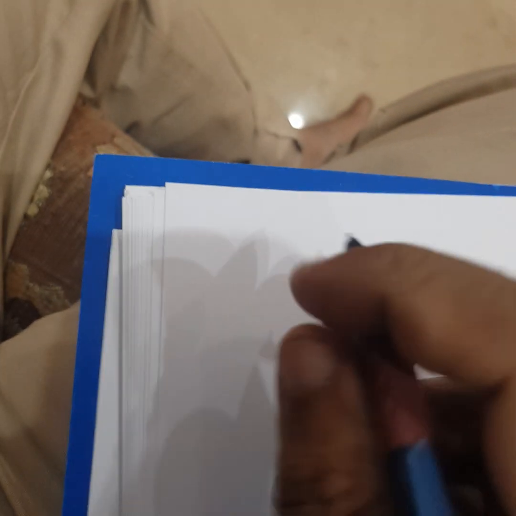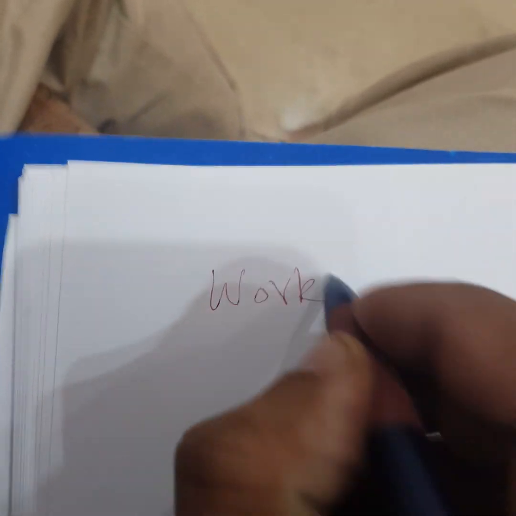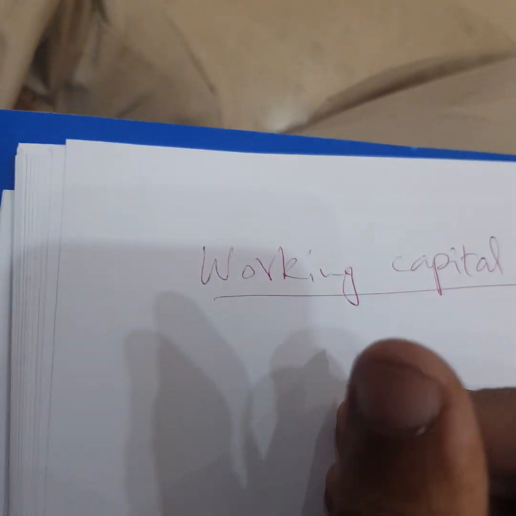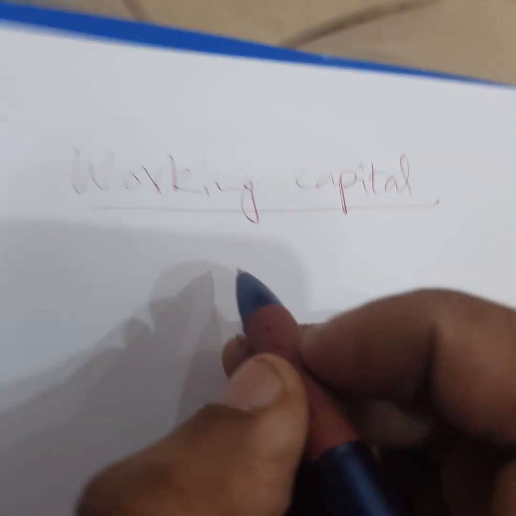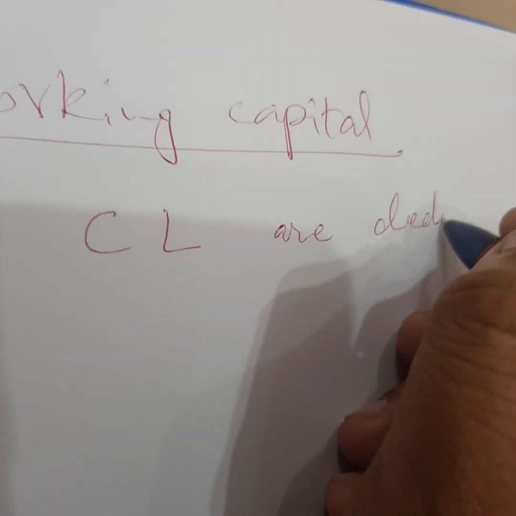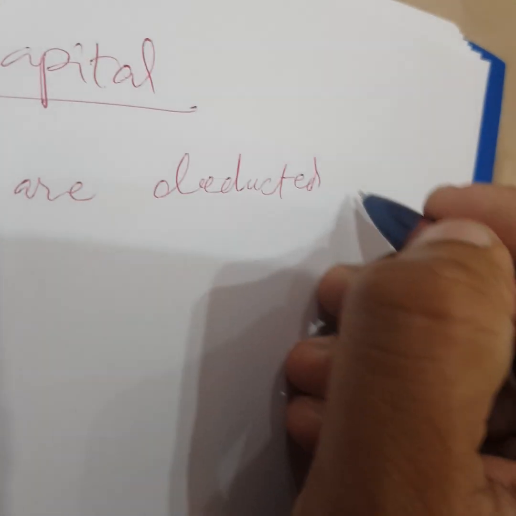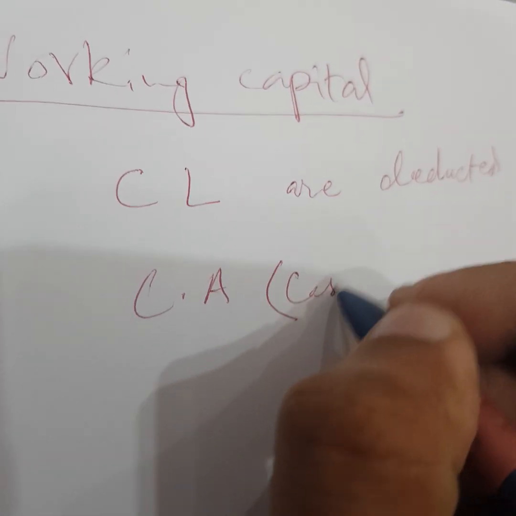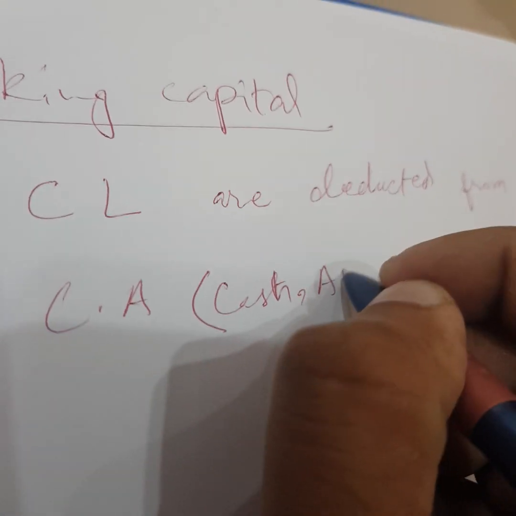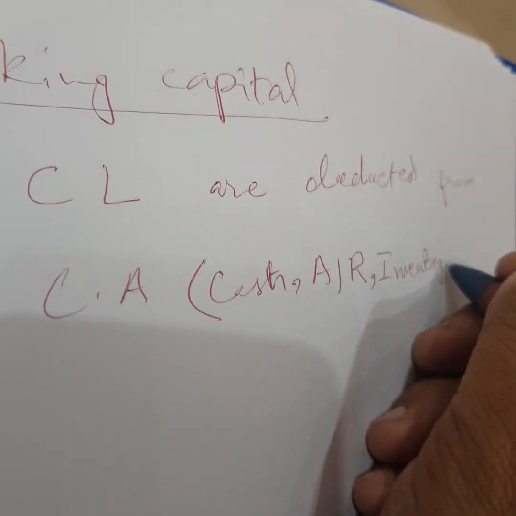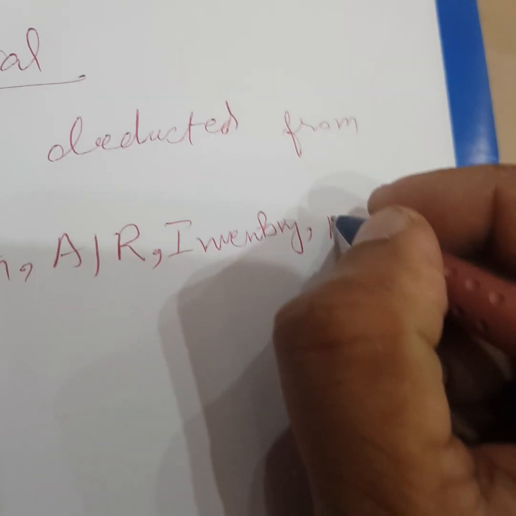As we are dealing with capital budgeting, we need to know what working capital is. In working capital, our current liabilities are deducted from current assets. Current assets include cash, account receivable, inventory, and marketable securities.